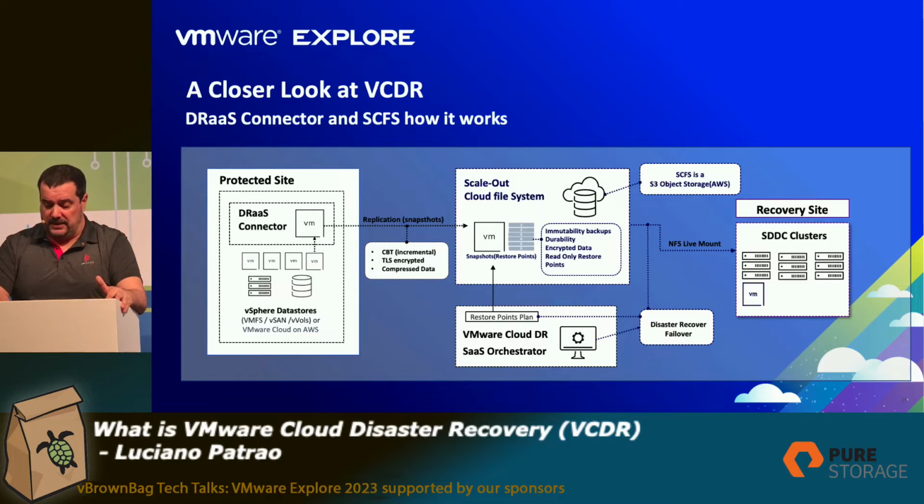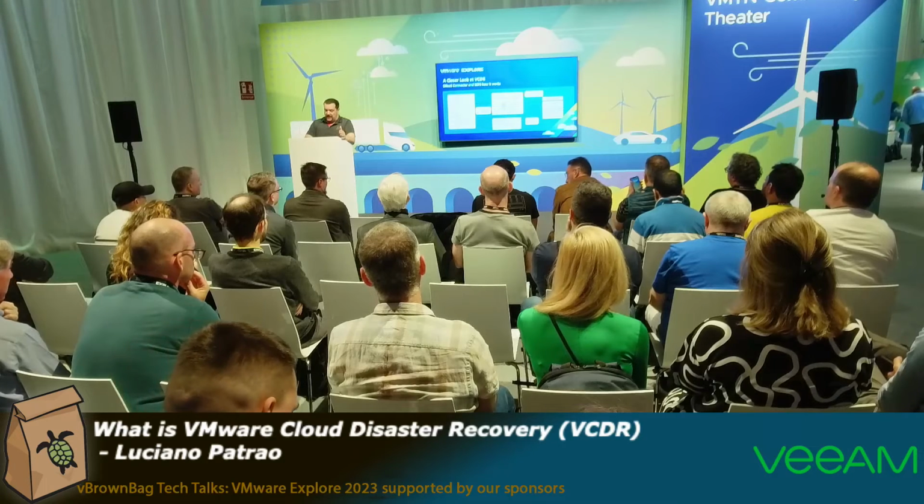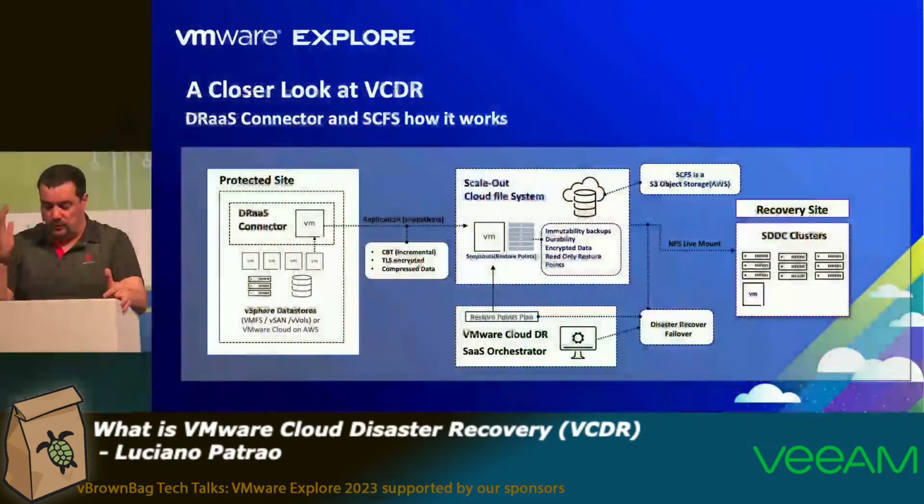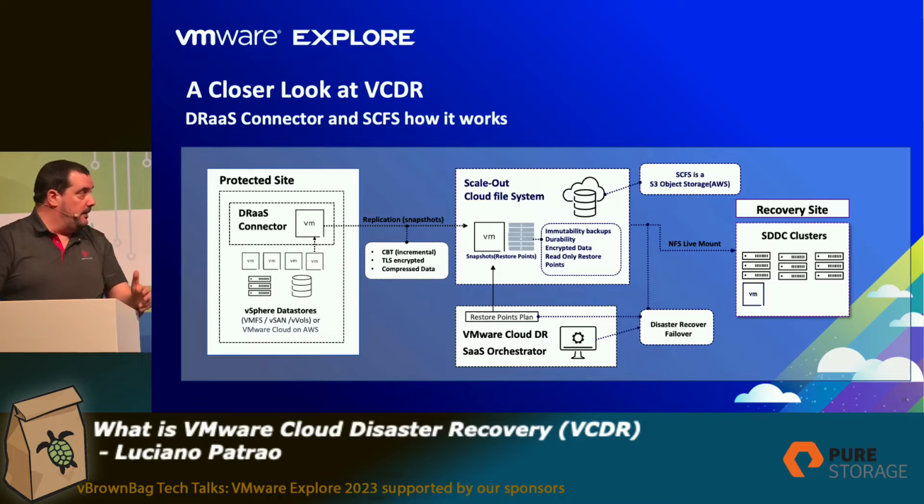So as I said, CFS is S3 object storage, and then you will have a disaster recovery plan that you send after you launch the disaster recovery failover. Then it will automatically build the recovery site on your AWS, on our VMC on AWS.